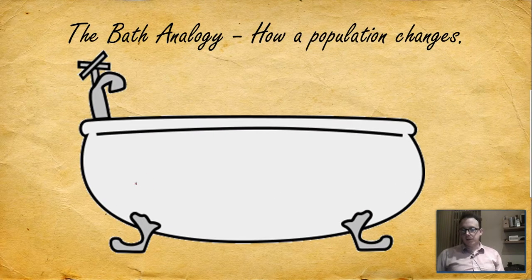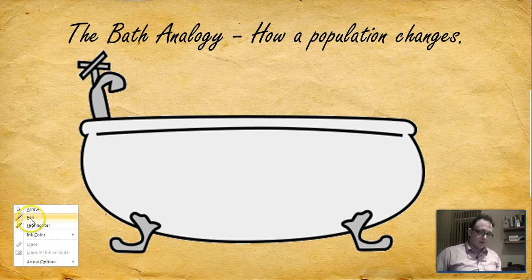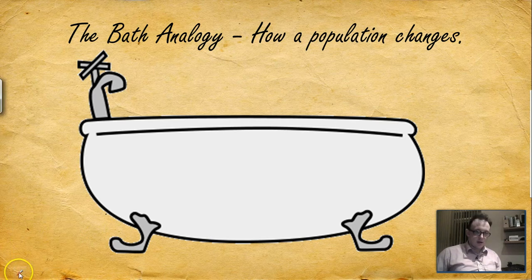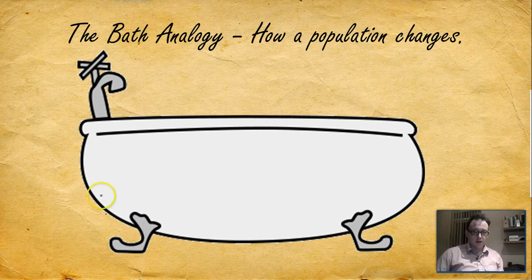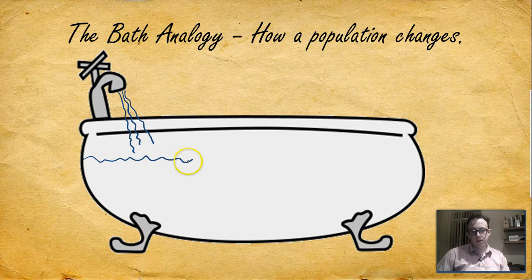Now, to think about how this population change actually works, I want to use the analogy of a bath. It might sound a bit bizarre, but bear with me, and hopefully it makes sense. So, into a bath, we add water, and gradually that fills the bath up.